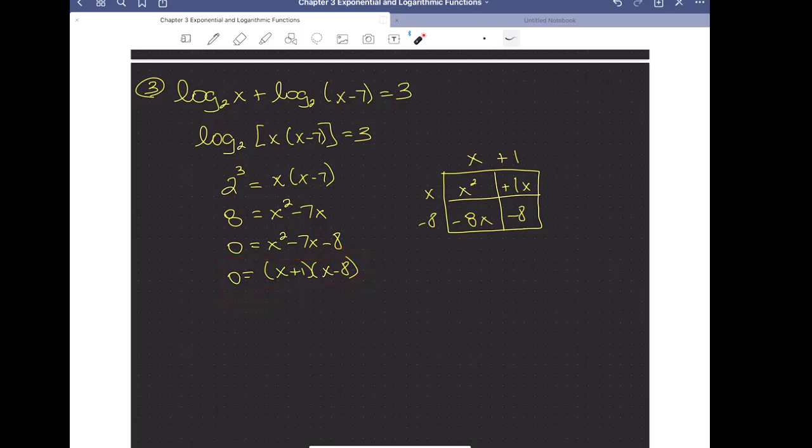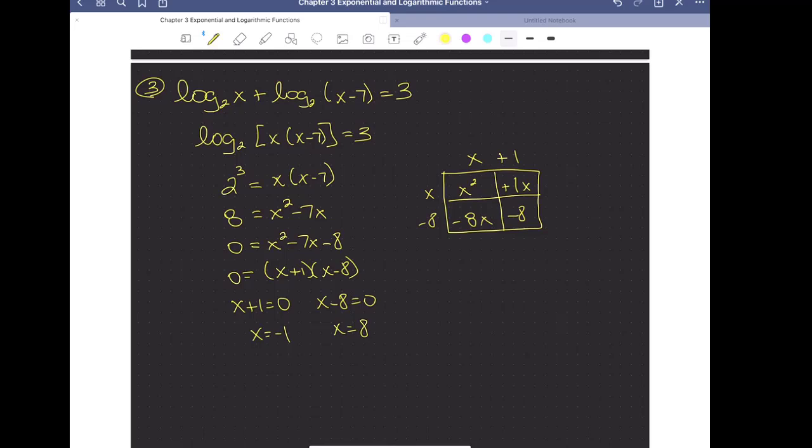Then the zero product property tells us that if we're multiplying things together and they equal 0, one or the other has to equal 0. So either x plus 1 equals 0 or x minus 8 equals 0. So x equals negative 1 and x equals 8.